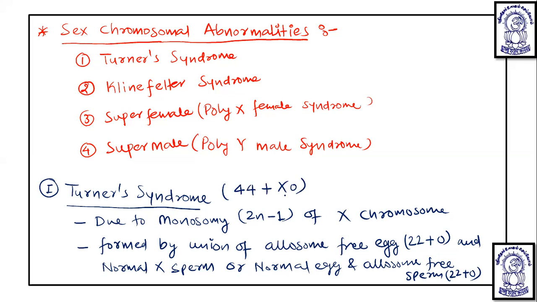Now, if we talk about the characteristics of an individual suffering from this Turner syndrome, you will see that such persons are usually sterile females, and this sterile female has rudimentary ovaries.